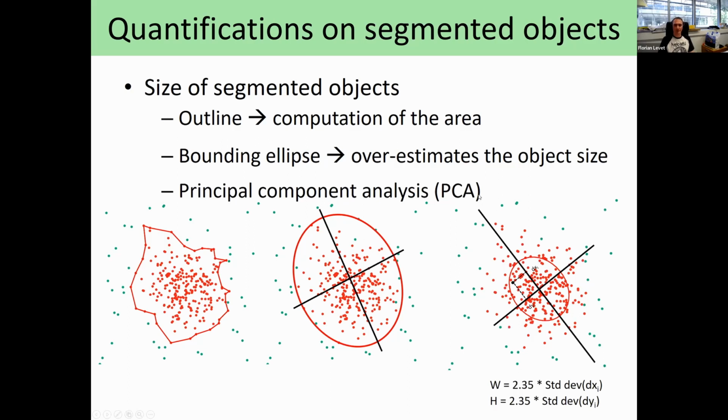Or you can do a principal component analysis. So basically, you have the points of your object. You will do a linear regression in order to fit a line that best describes your object localizations. You find the centroid.